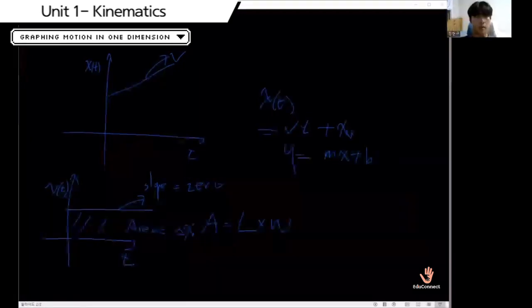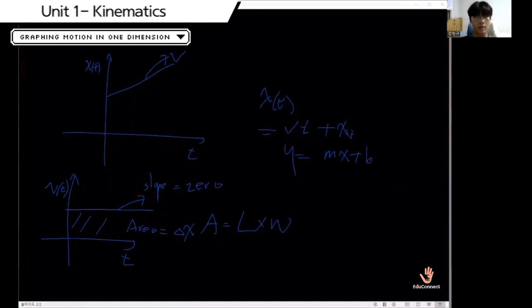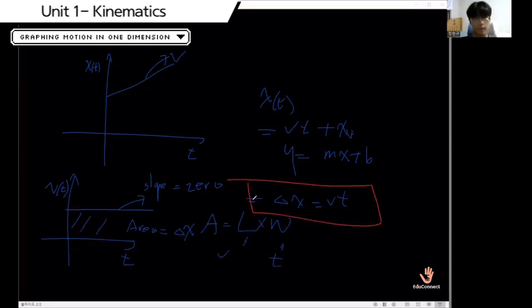In this case, the length is velocity and the width is time, or delta x equals vt, our equation for a change in position with constant velocity.